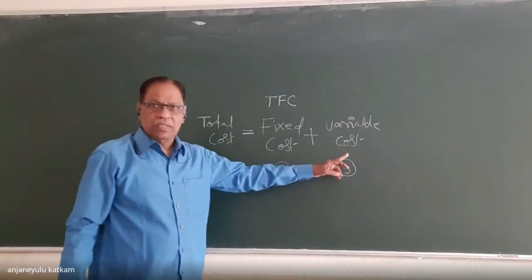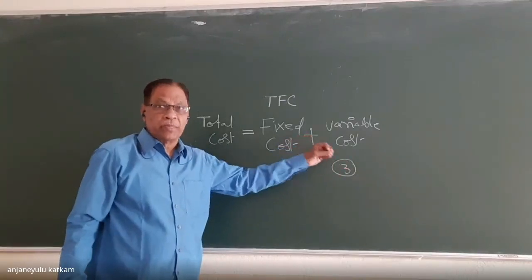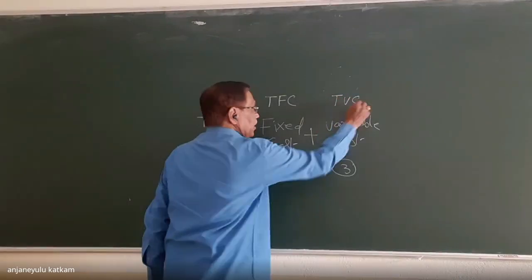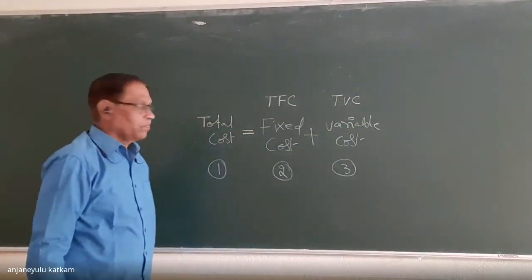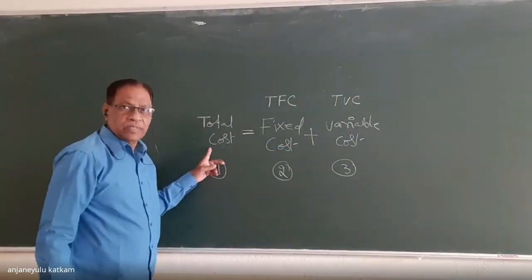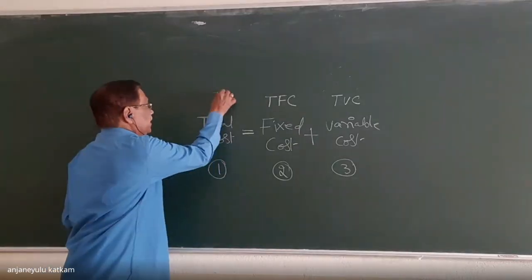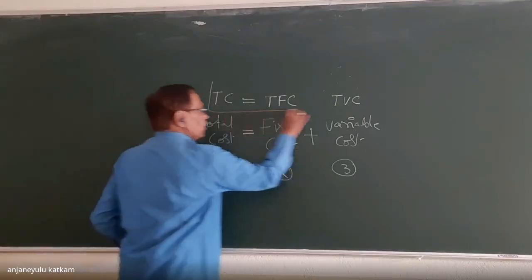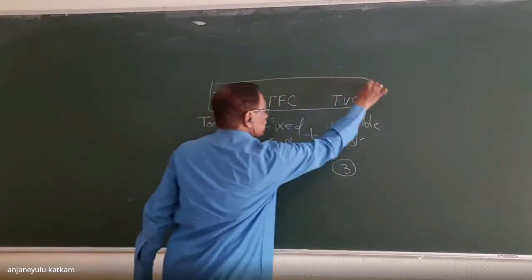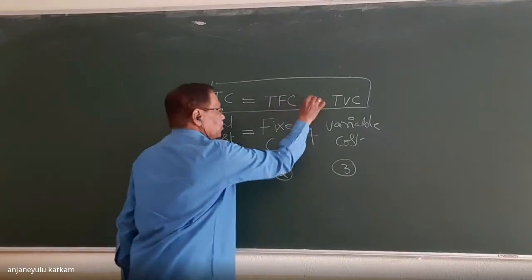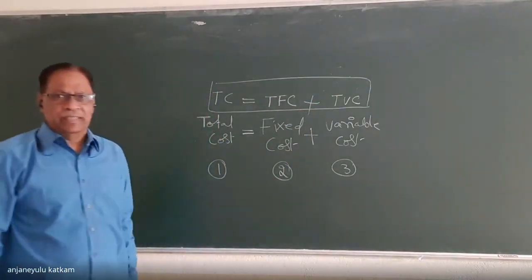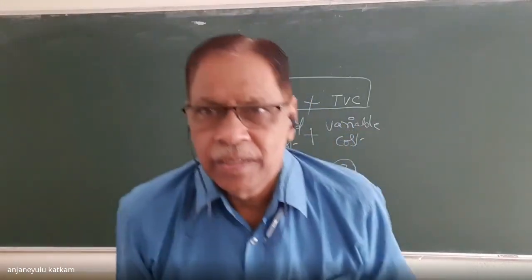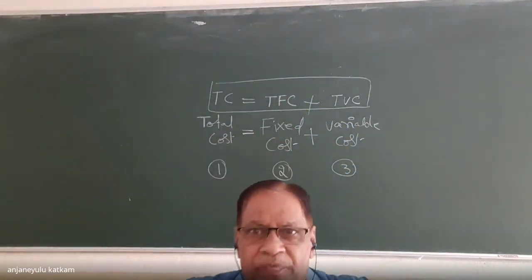Variable cost is also called total variable cost, TVC. Total cost is represented by TC. So total cost TC is equal to total fixed cost TFC plus total variable cost TVC. This is a simple equation to understand the total cost and its components, fixed cost and variable cost.